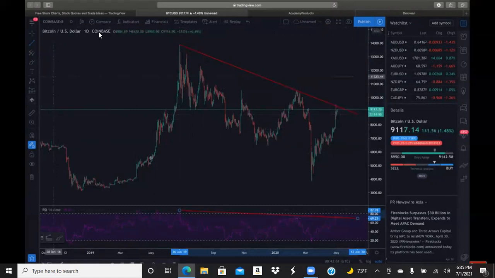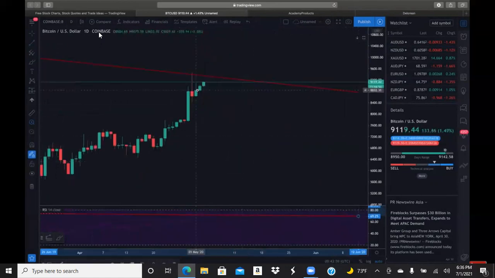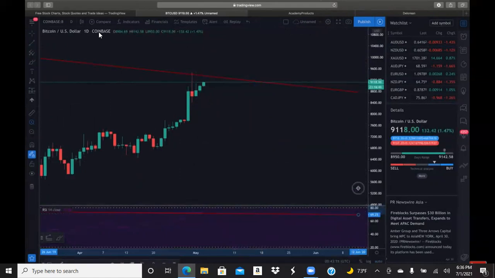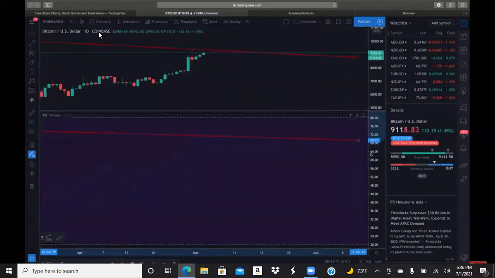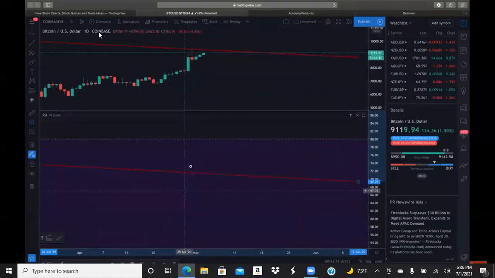Here we are. This is on Bitcoin. Now, I'm not trying to predict any trades for you guys right now. But what I am telling you is that the RSI right now, that red line you see, that's the trend line. Are we broken? Yeah, we are. We're on top of it. But notice on the bottom, we're not.